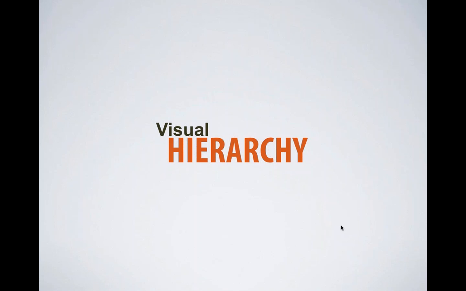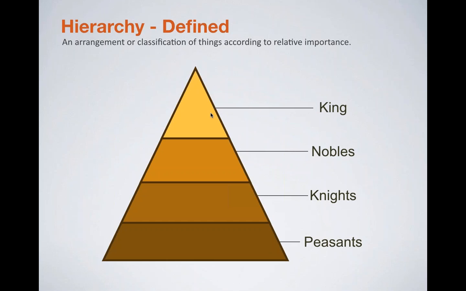So moving on to visual hierarchy. This is shifting gears a little bit. It's a separate topic, but it's related in a way. It really connects with all the topics we've covered so far in class. A hierarchy, in case you haven't encountered that word before, is an order of importance, or a ranking.